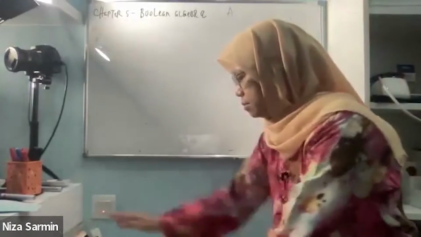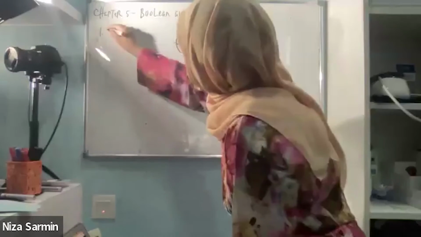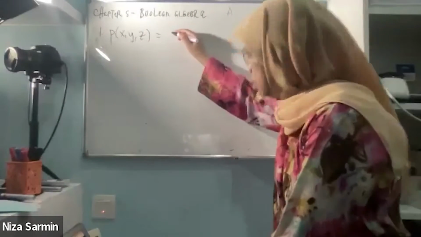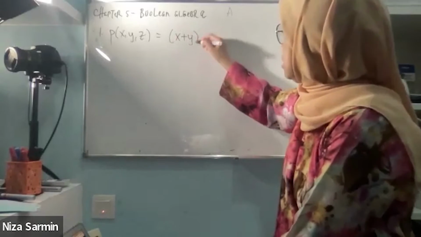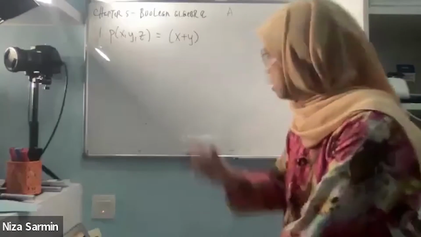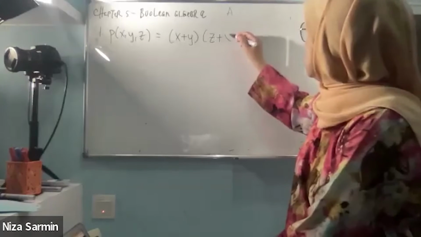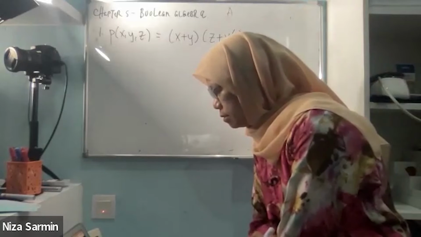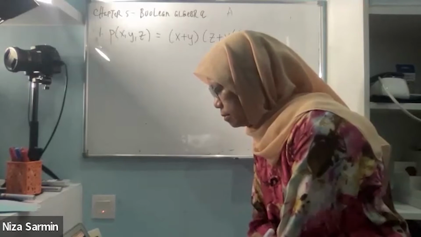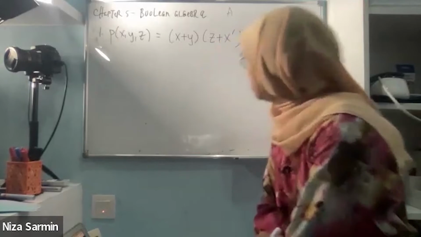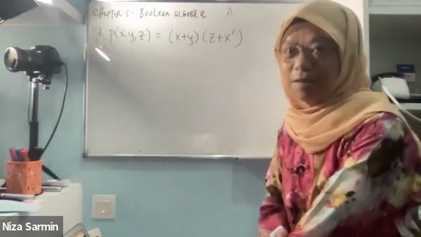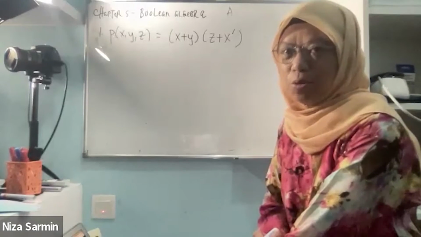Okay. So the question is P of X, Y, Z equal, this is actually written like this, X plus Y times Z plus X prime. This is not the normal canonical term, right? But you can write it as the normal canonical term.